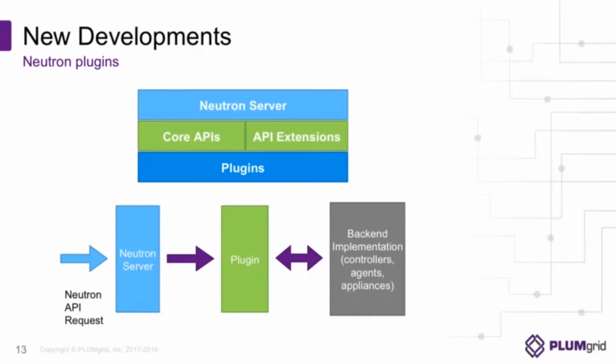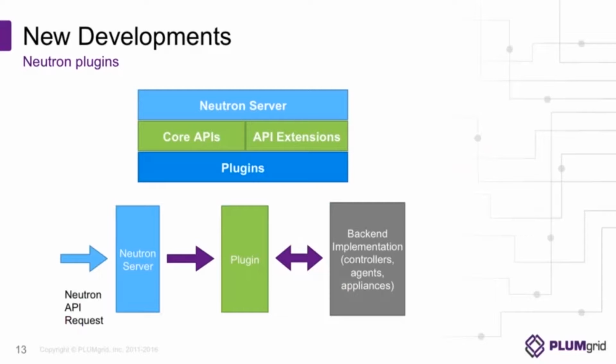And now a quick word on Neutron plugins. There are two different things about a plugin. There are core APIs that you can implement if you want to create a plugin.